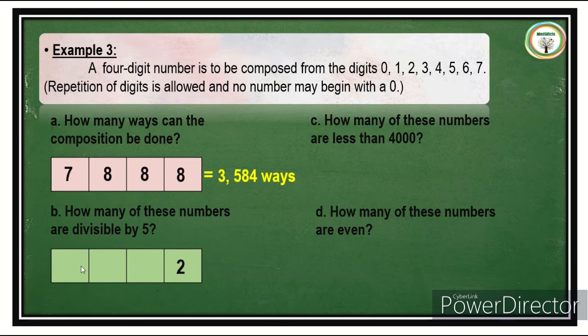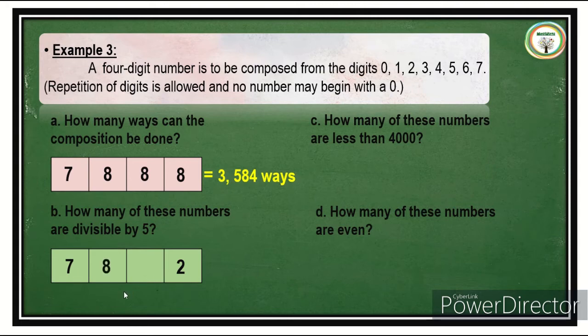And for the first digit, again, hindi pwedeng gumamit ng 0, kaya ang pwede lang natin gamitin ay from 1 to 7. So we have 7 options for the first digit. And for the remaining 2 digits, which are the second and the third digits, pwede na natin gamitin yung 0 at pwedeng maulit yung mga numbers na nagamit na natin nung una at huli.